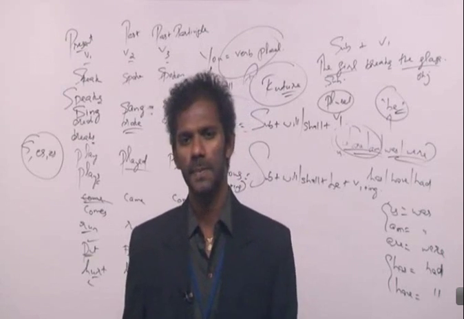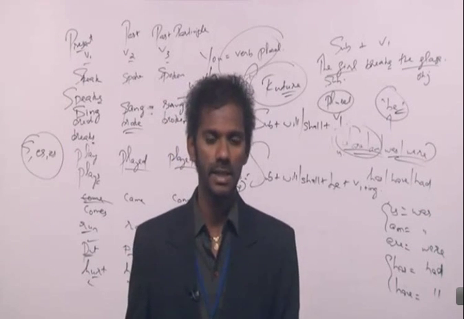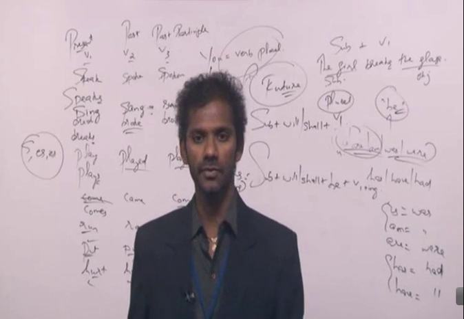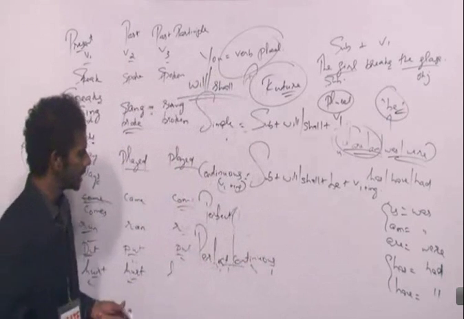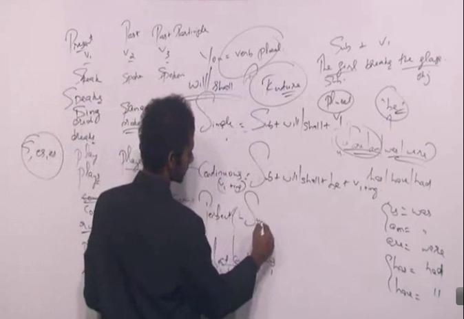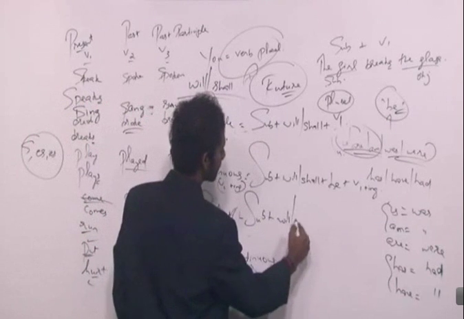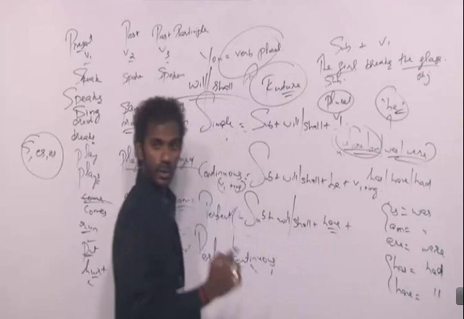Had comes only in past tense. So had also cannot appear. Future perfect means it's only have. Clear? So the structure of future perfect would be subject plus will or shall plus have, only have.